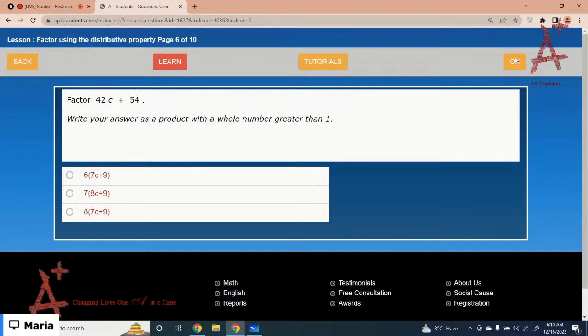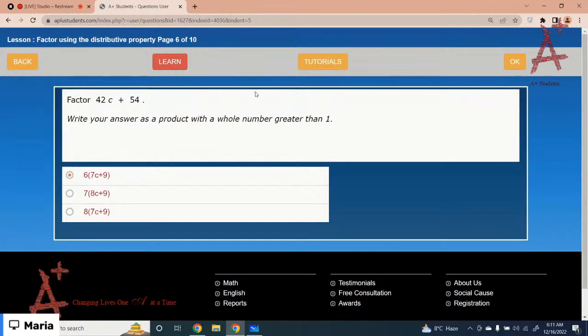The first one, because 6 is the greatest common factor for both the numbers. So 6 times 7 is 42 and 6 times 9 is 54. So the correct option is 6 times 7c plus 9. The first option is the correct one. Got it, everyone?